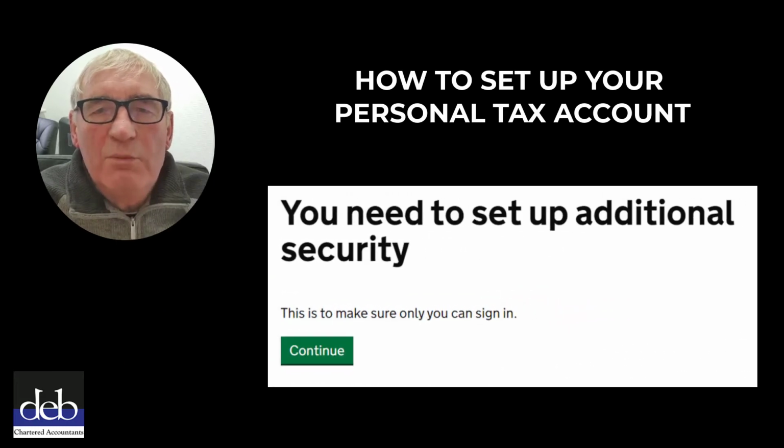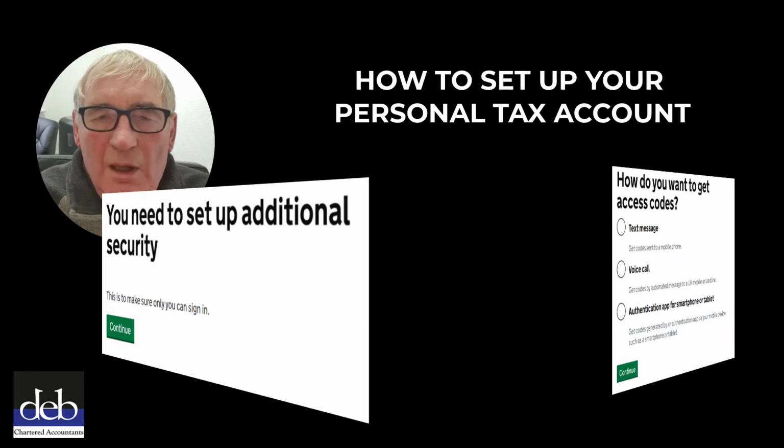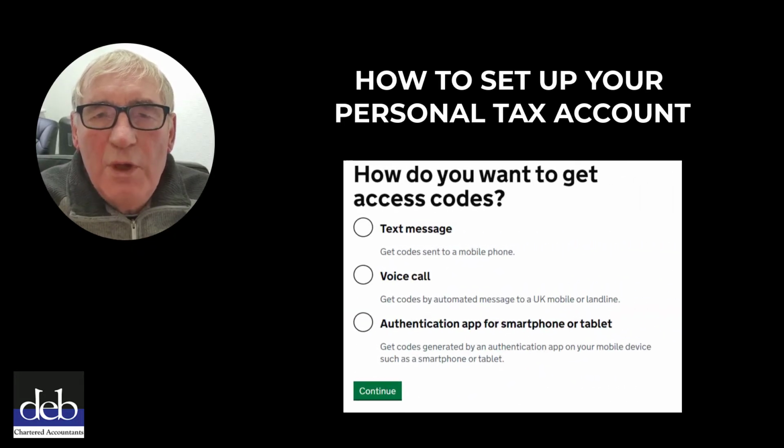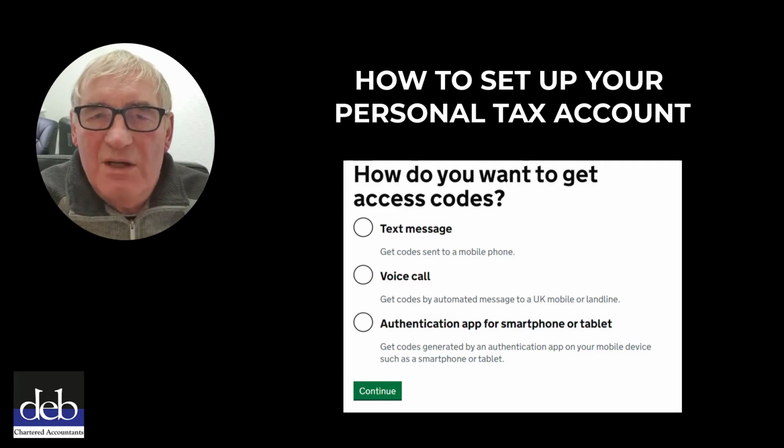The next screen informs you that you need to set up additional security. Click on Continue. You can then make a choice of how you wish to receive the access codes from HMRC. This provides a second line of security that you will need to pass to gain access to your tax account. Unless you have reason to choose differently, I think it's simplest to opt to go for text messages.